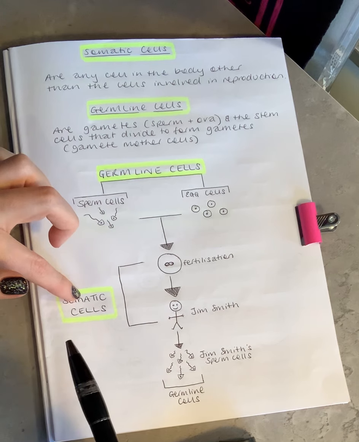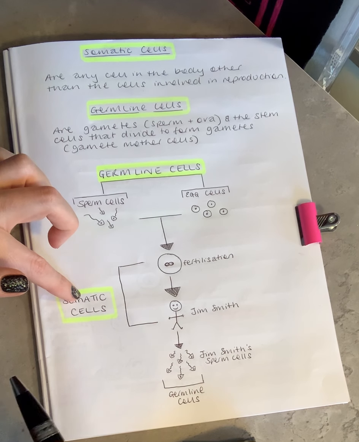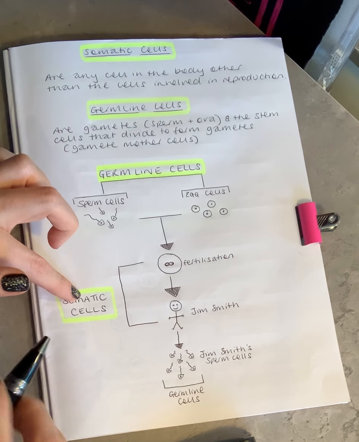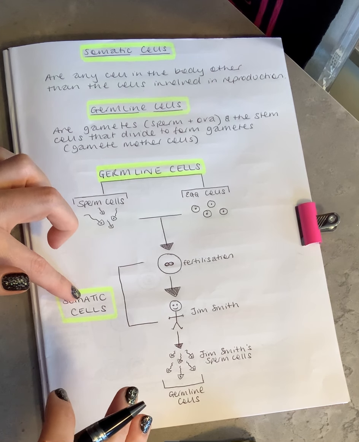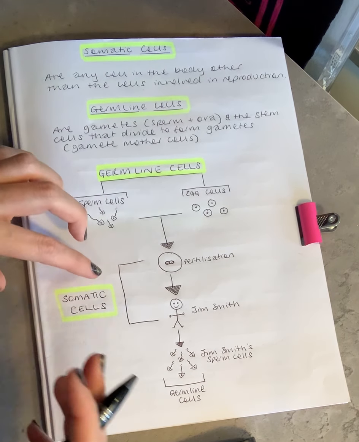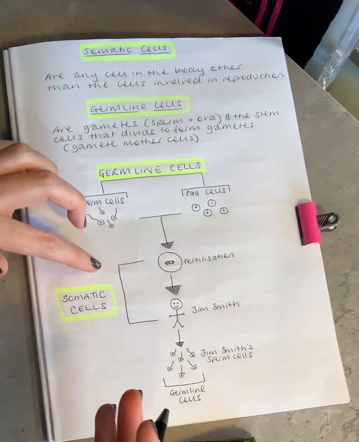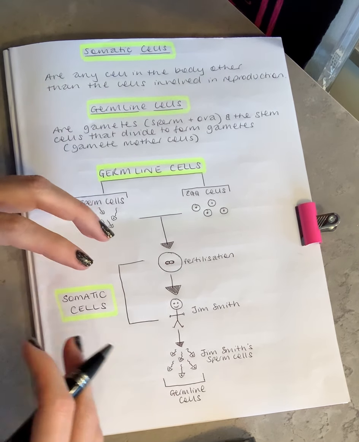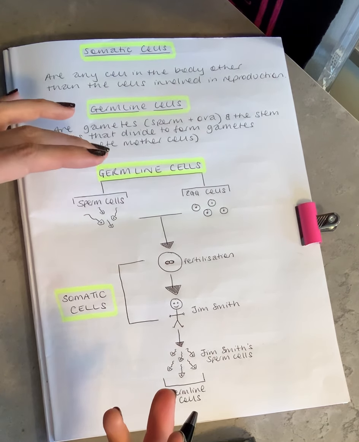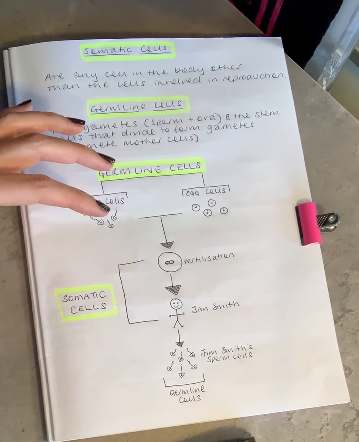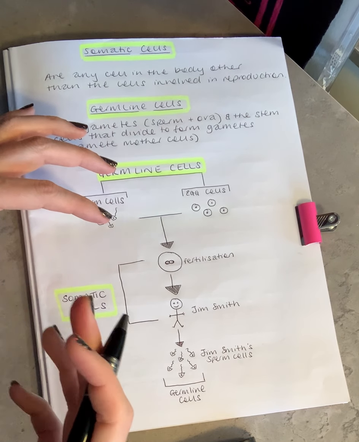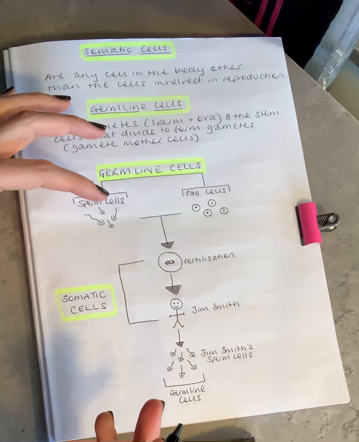So a heart cell or a cardiac cell is still a somatic cell, and there are millions of those heart cells that will join together to create the tissue, and there are loads of layers of that tissue that will join together, which will therefore create the organ, which is our heart. And the heart is part of the cardiac system, and that cardiac system is part of the whole organism, okay?